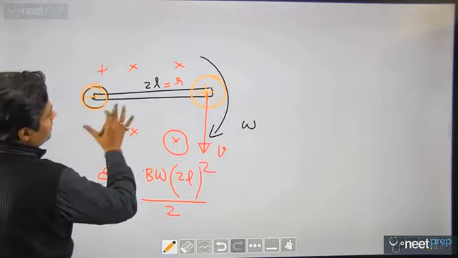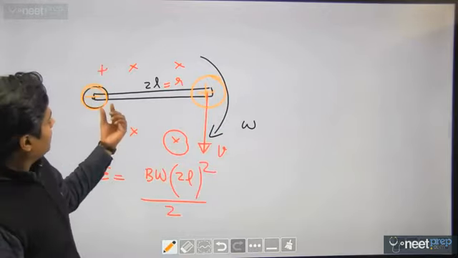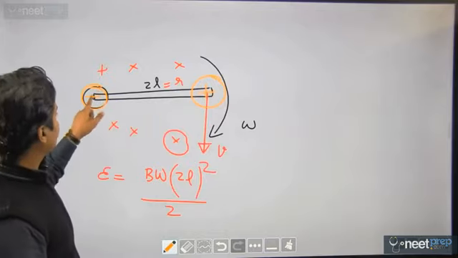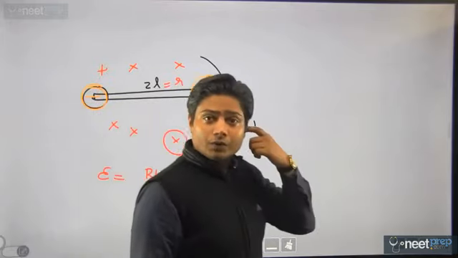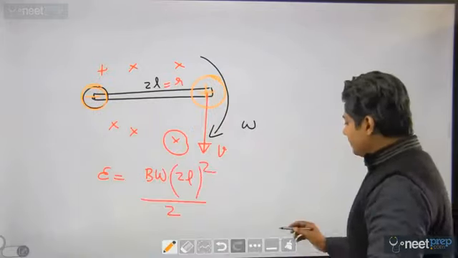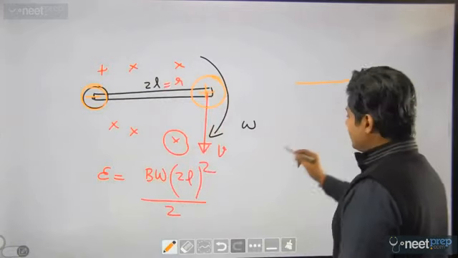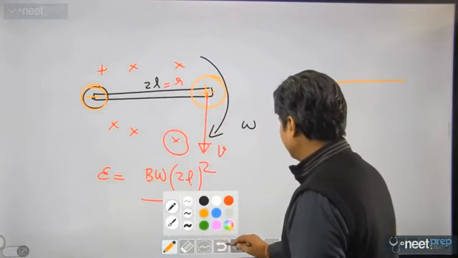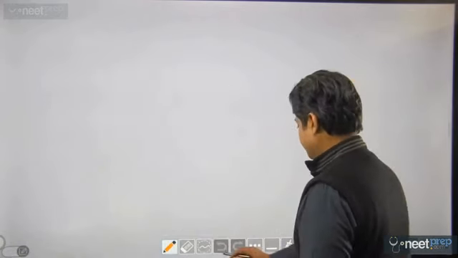So basically there is a potential difference: higher potential will be at the edge and lower potential at the center. Now sometimes they may ask you to find the potential difference between two points.